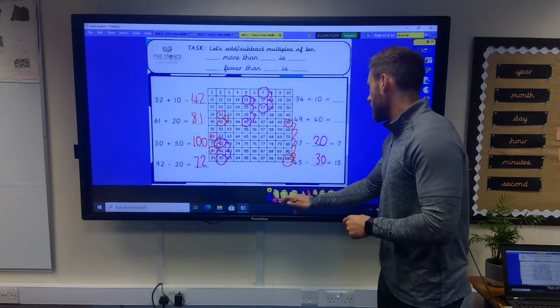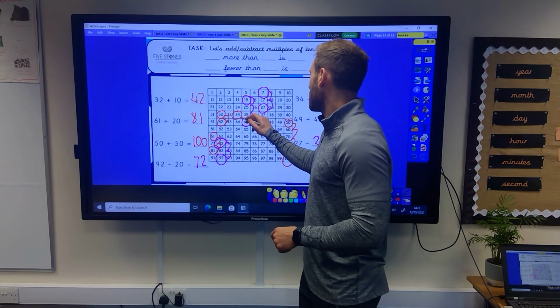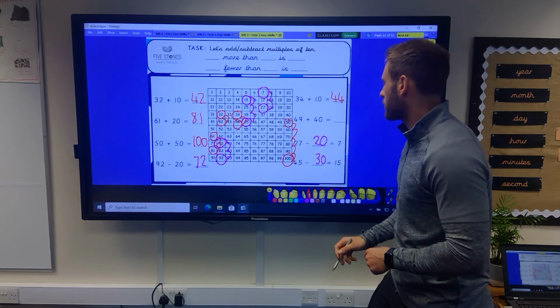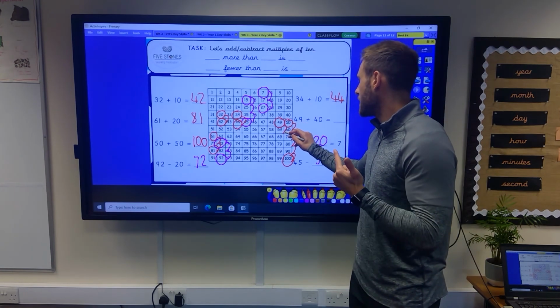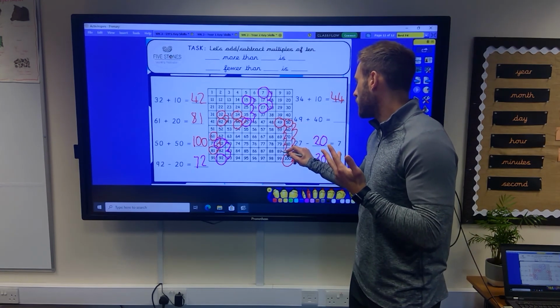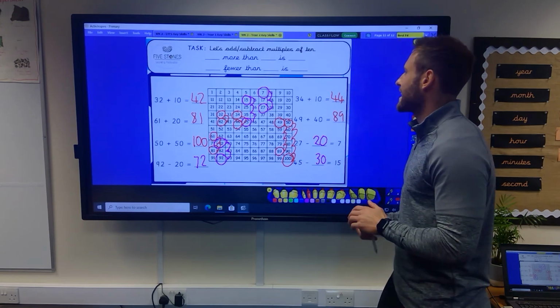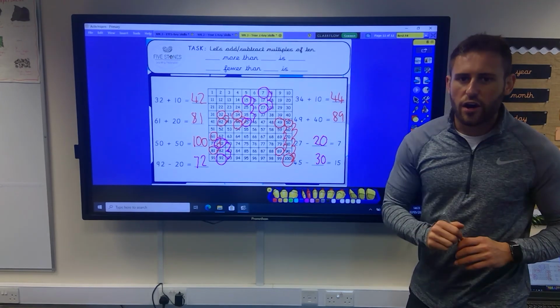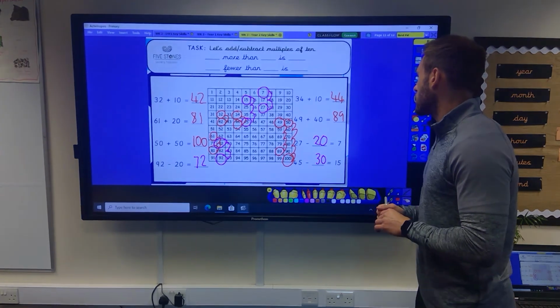Fantastic. Back to my red pen because these two, straightforward like the other ones. 34 add 10 is 44. Well done. And finally, 49 add 40, count with me, 10, 20, 30, 40, gives us 89. Good work.